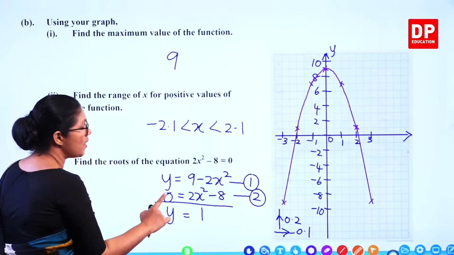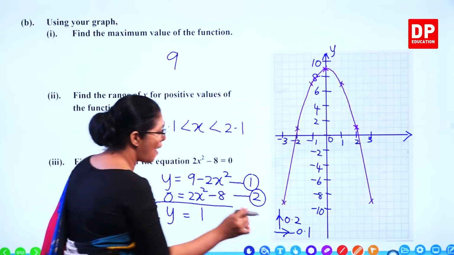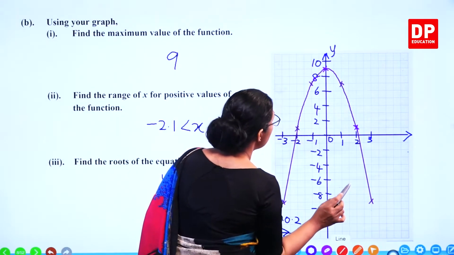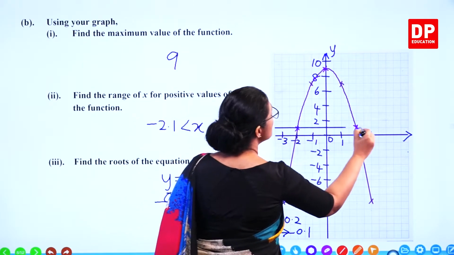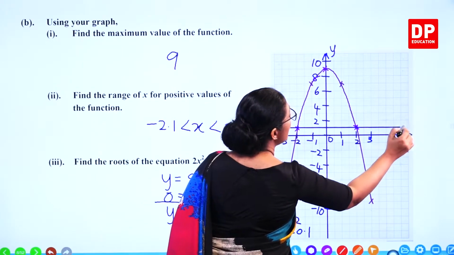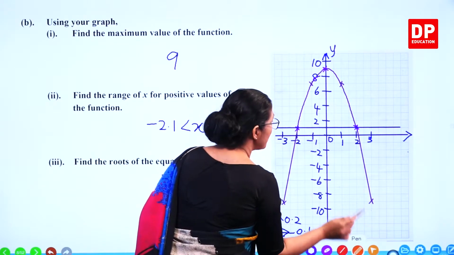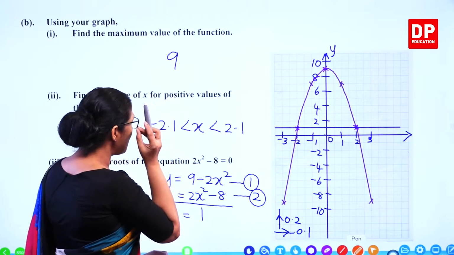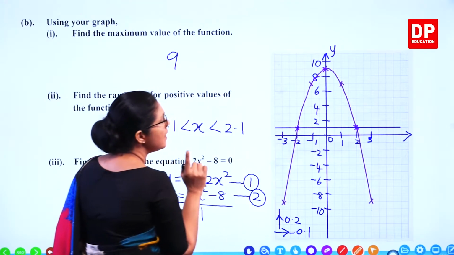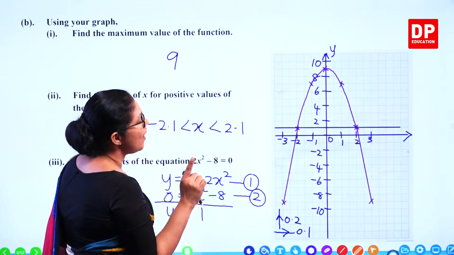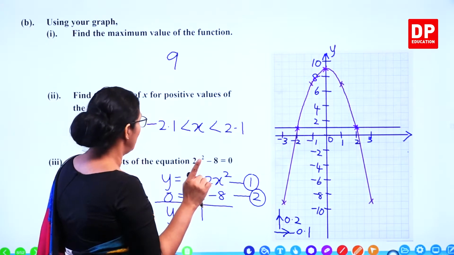Here, y equals 1. So, that means we have to draw y equals 1 line. This is y equals 1 line. And we need to find out what are the intersecting points with the y equals 1 line. This one and this one already. That's x equals -2 and 2.